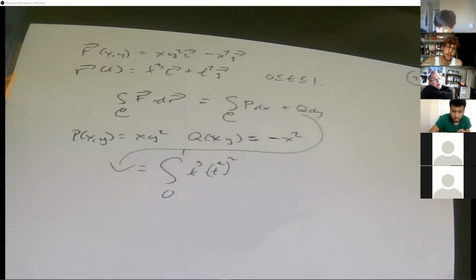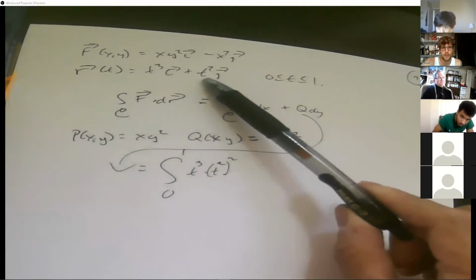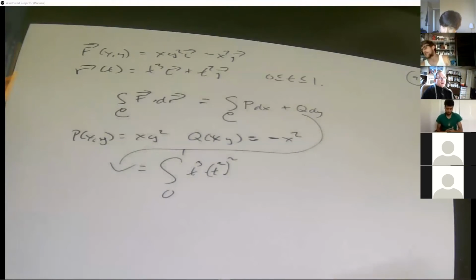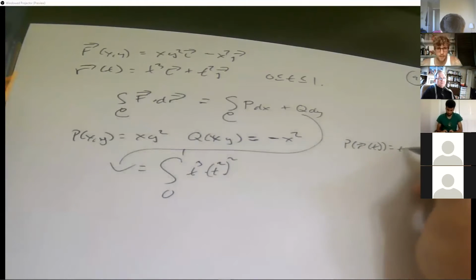What is x and y here? x of t is t cubed. y of t is t squared. So p of r of t is t cubed times t squared, squared.